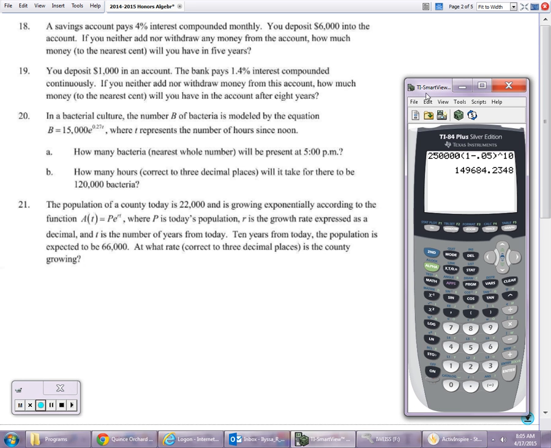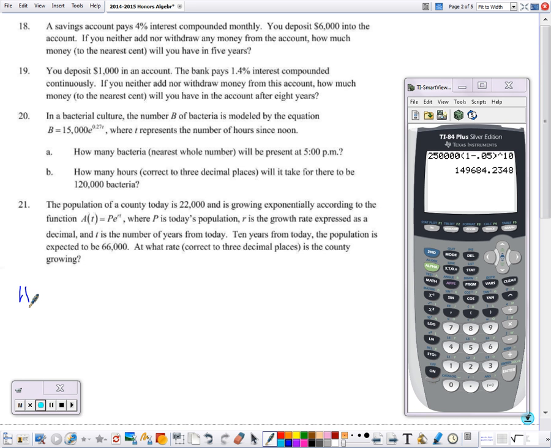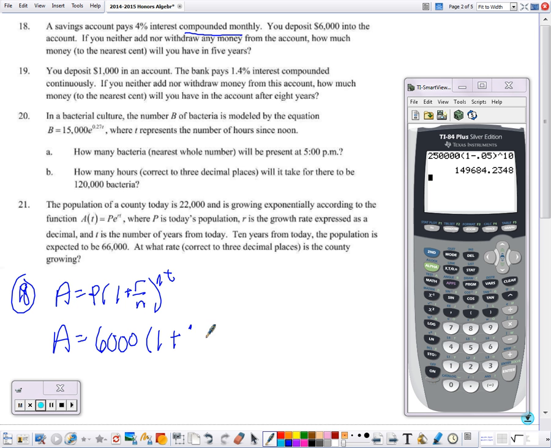Okay, so for 18, now we're dealing with money. And it's being compounded monthly. So we're going to use the compound interest formula. We start with $6,000, 4%.